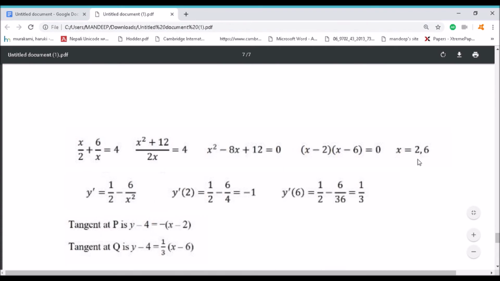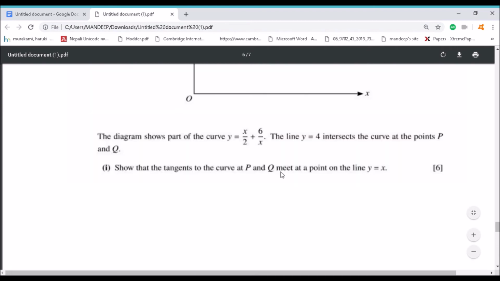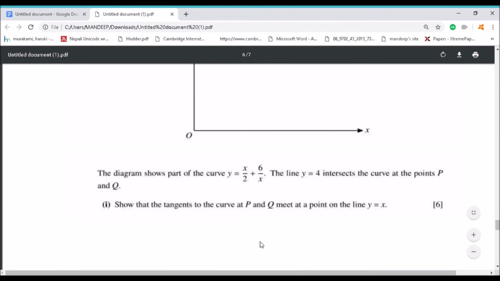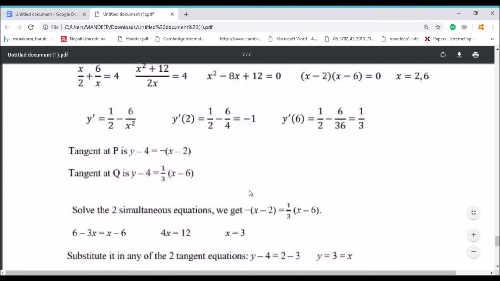Now we have to put in the values of x, because they say we have to find the tangent to the curve at P and Q.